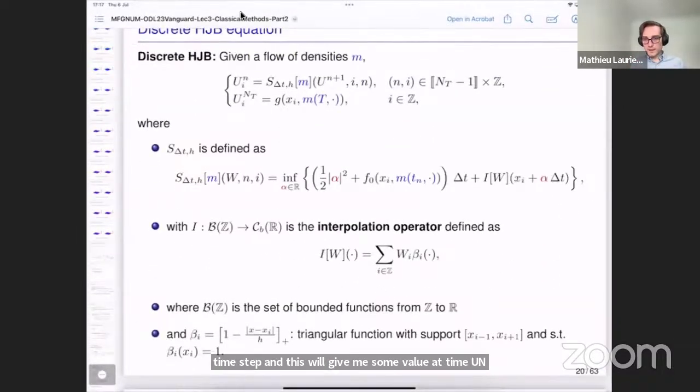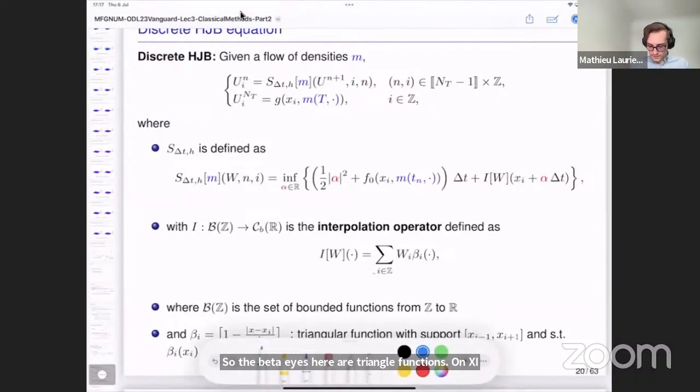So I is basically an interpolation operator based on basis functions. The beta i's here are triangle functions on x_{i-1} and x_{i+1}. The idea is really just to take the sum of u at the next time step to interpolate. And why do we want to do that? Why do we need to interpolate?